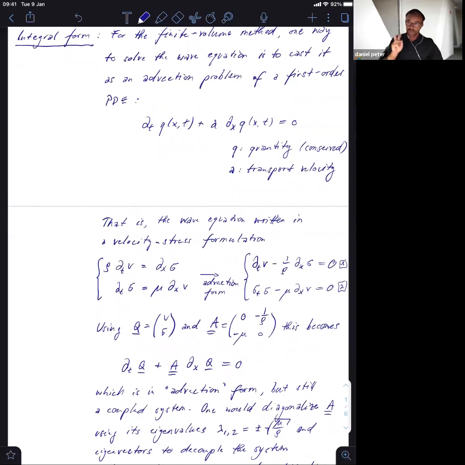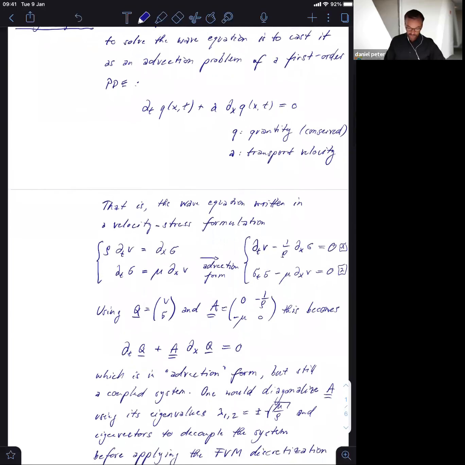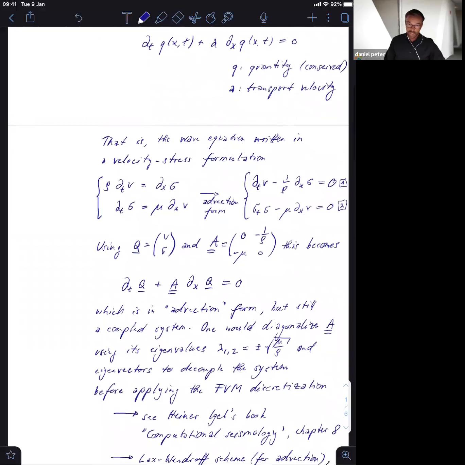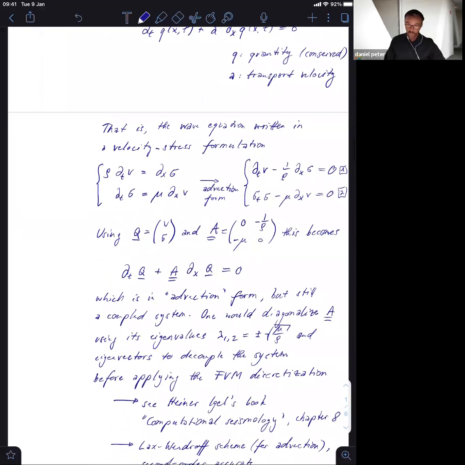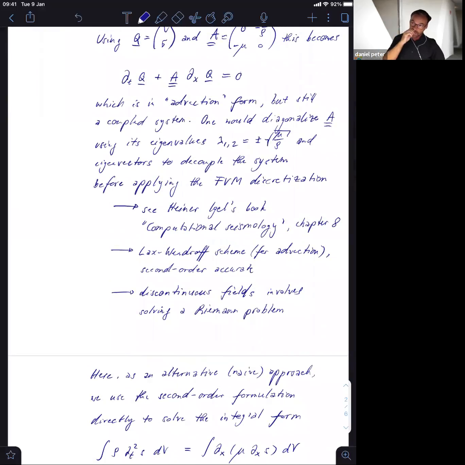We can write the wave equation as a velocity-stress formulation, where we only have first order derivatives, and put this into an advection form, and then solve the advection problem with a finite volume approach. This is done, for example, in Heiner Igel's book, and also in Randall LeVeque's book, which he refers to. So basically the same machinery that has been developed for advection problems can be applied to the wave equation problem.